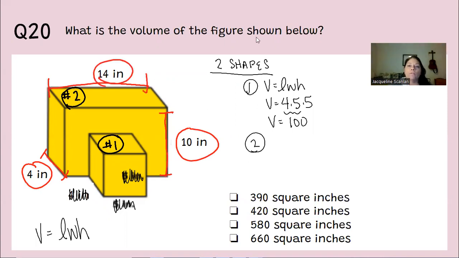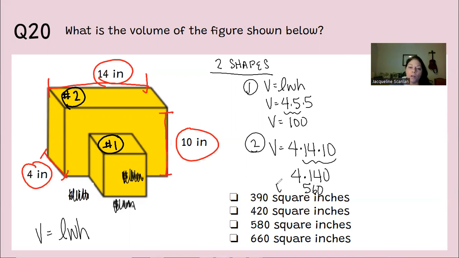So to find the volume of the shape in the back, I'm going to do 4 times 14 times 10. I can do it in any order. And I know that 14 times 10 is 140. And then I can multiply that by 4. And I get 560.